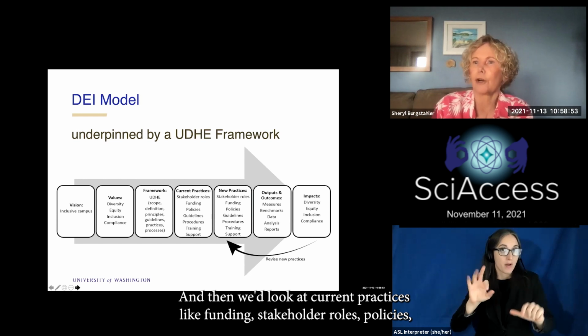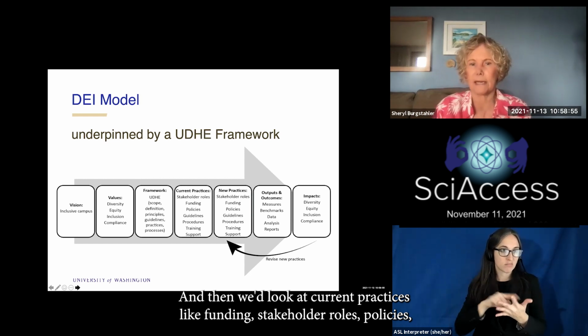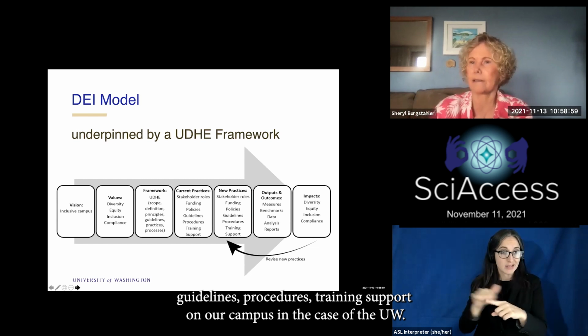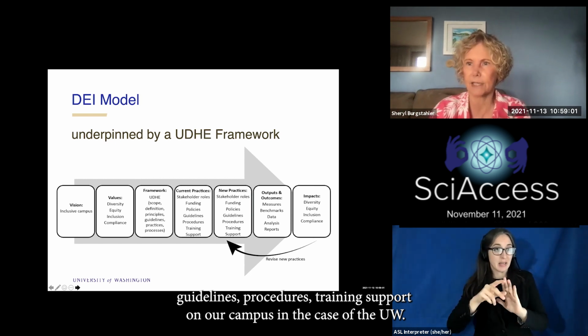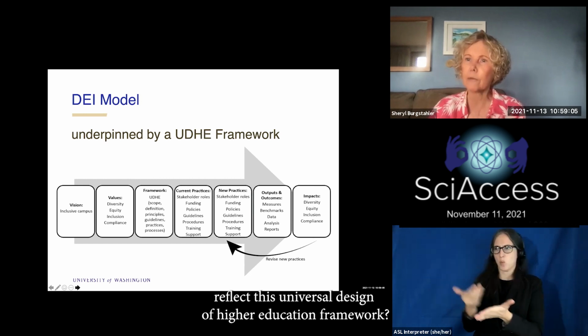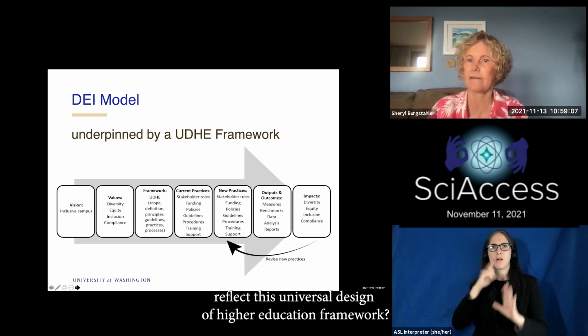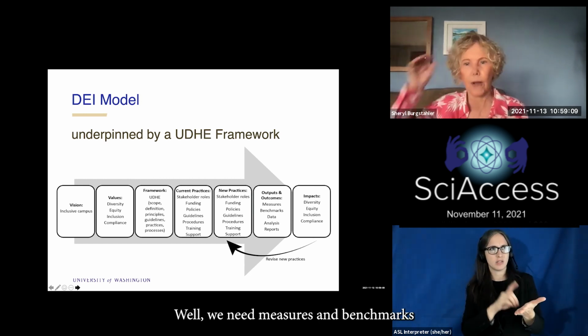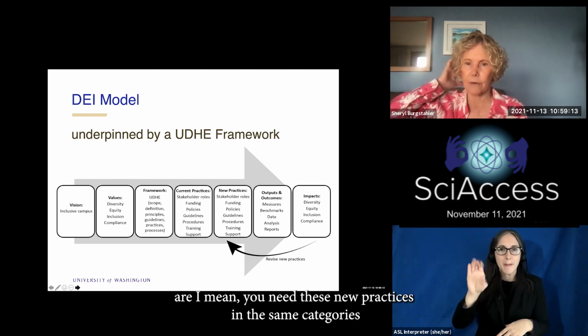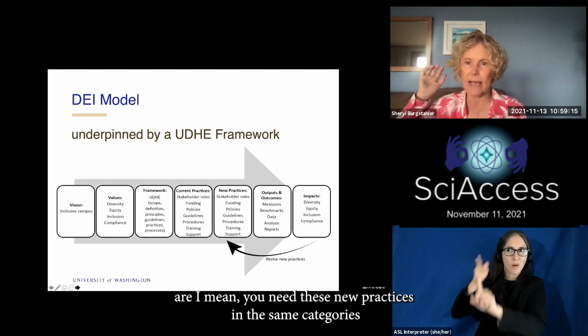And then we'd look at current practices like funding, stakeholder roles, policies, guidelines, procedures, training, support on our campus in the case of the UW. But then you think, well, what new practices do we want that better reflect this universal design of higher education framework? Well, you need measures and benchmarks, you need these new practices in the same categories.